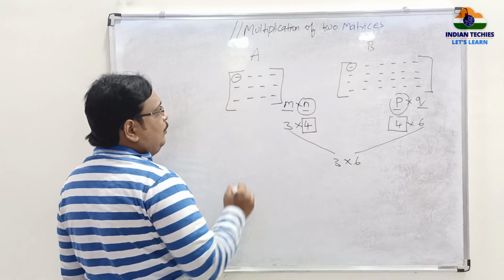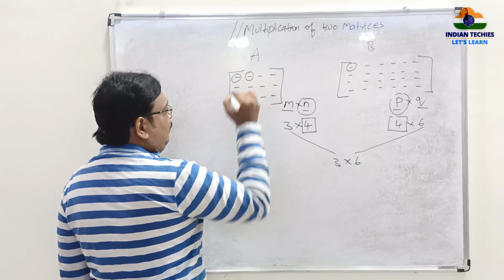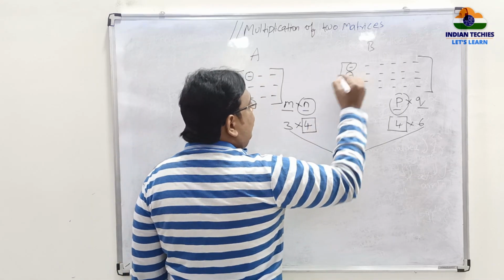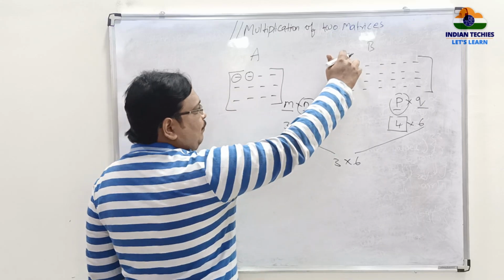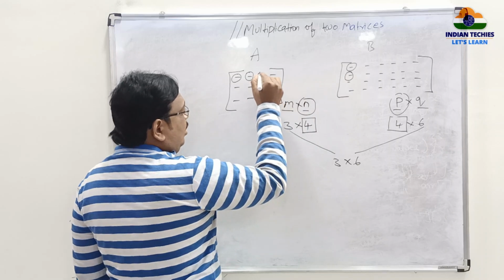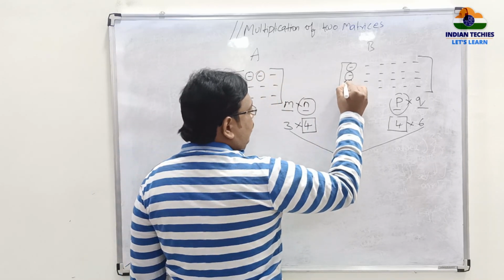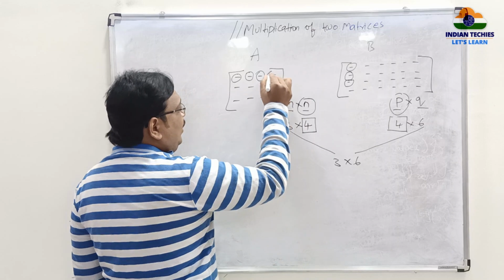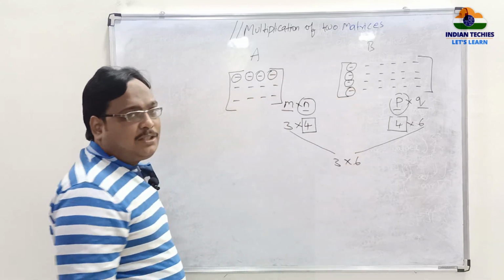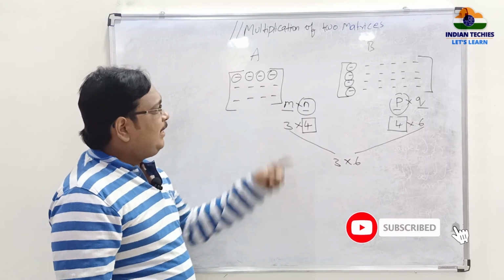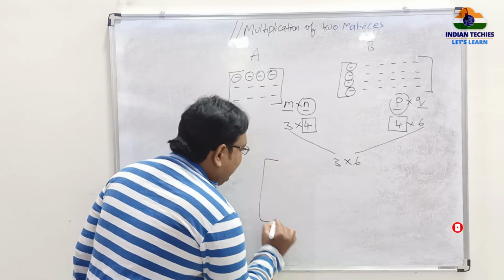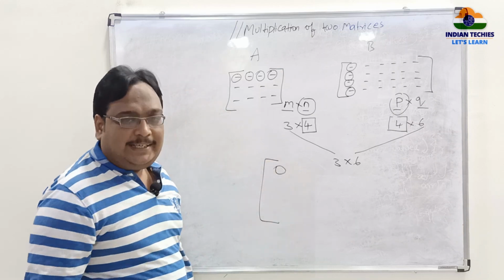Then take the second value of the first row and multiply it with the second value of the first column. Next the third value of the first row with the third value of the first column, and the fourth value of the first row with the fourth value of the first column. If you multiply all these and add, you will get one single result in the resultant matrix.